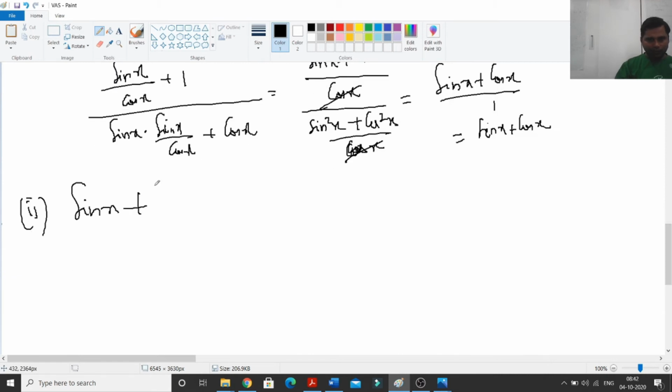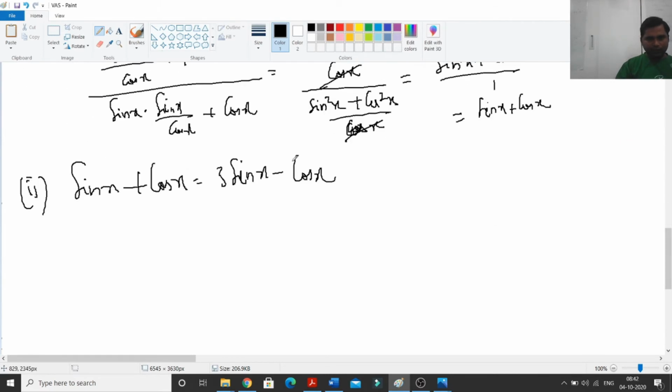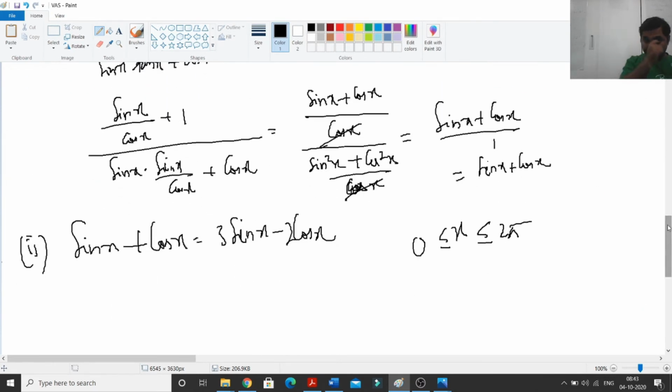We have to solve sin x plus cos x equal to 3 sin x minus 2 cos x between 0 to 2 pi. So x lies between 0 to 2 pi, it means 0 to 360, right? So let's solve it. So let's simplify.